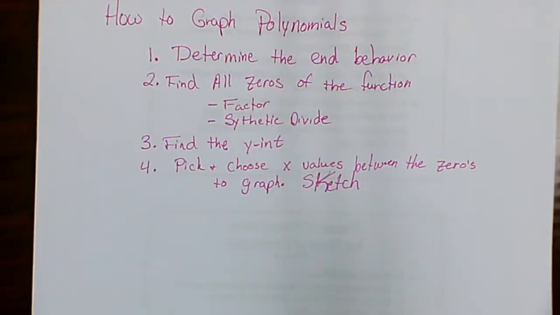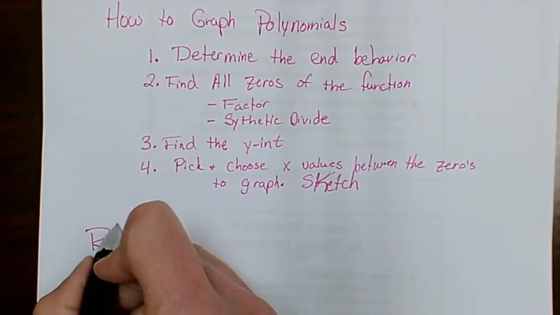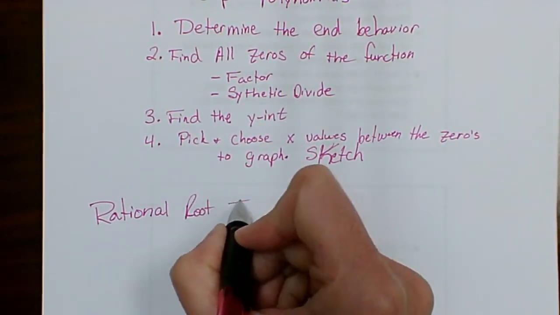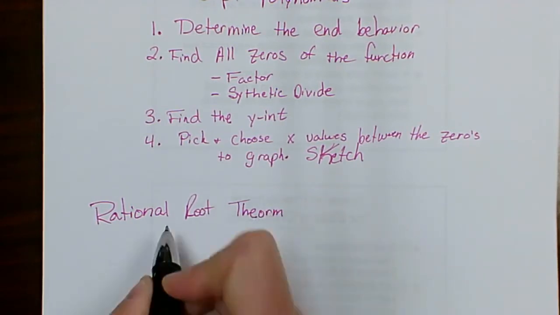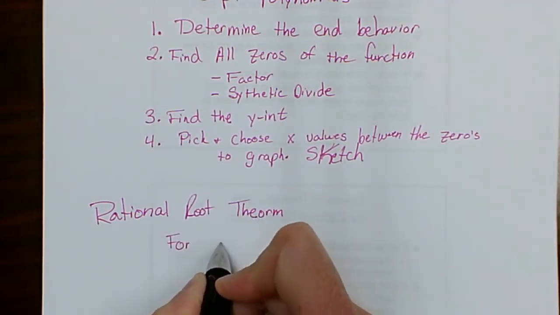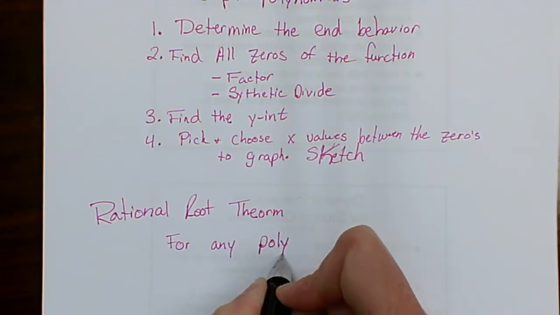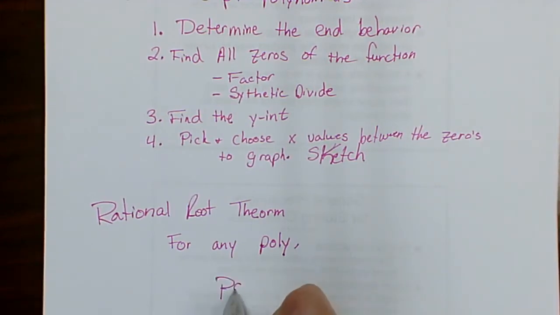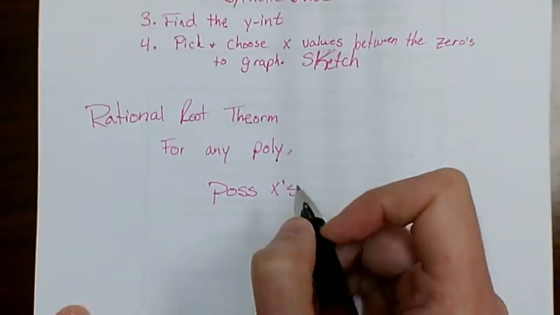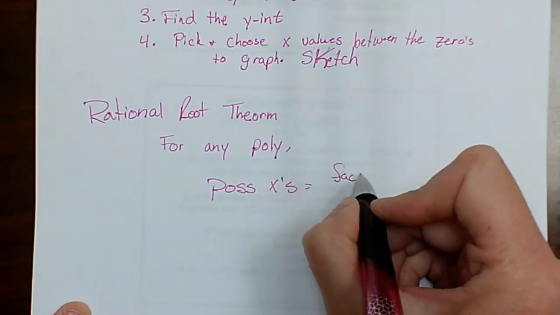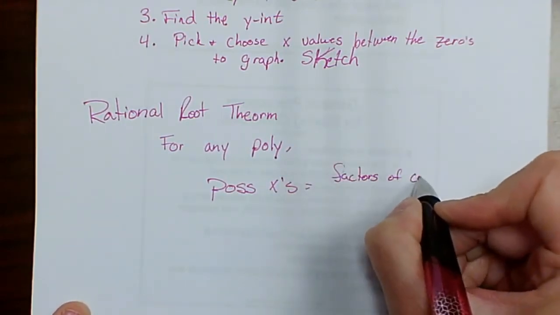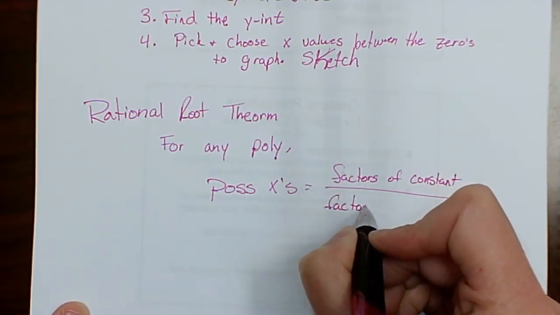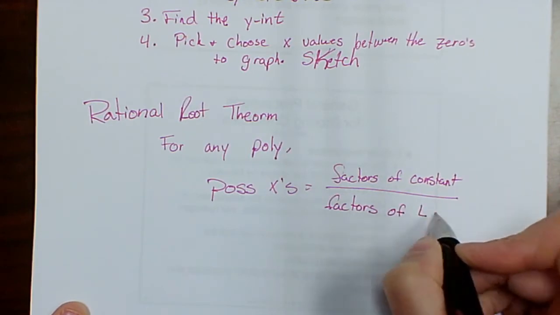So before we move on, I want to talk about the rational root theorem. It says for any polynomial, we can find the rational roots by, so the possible x's, you will take the factors of the constant divided by factors of the leading coefficient.